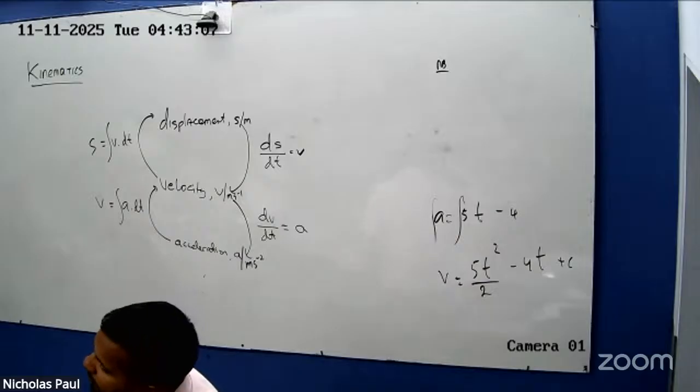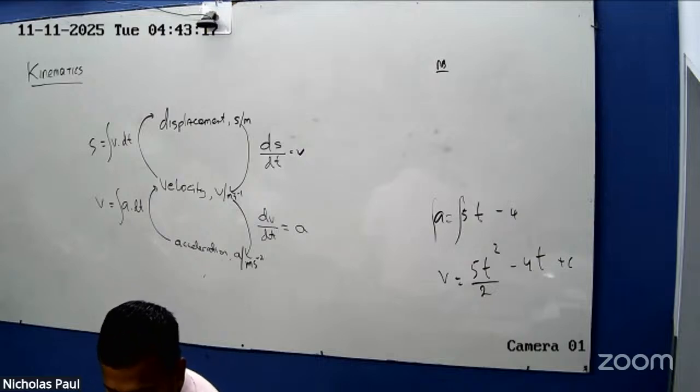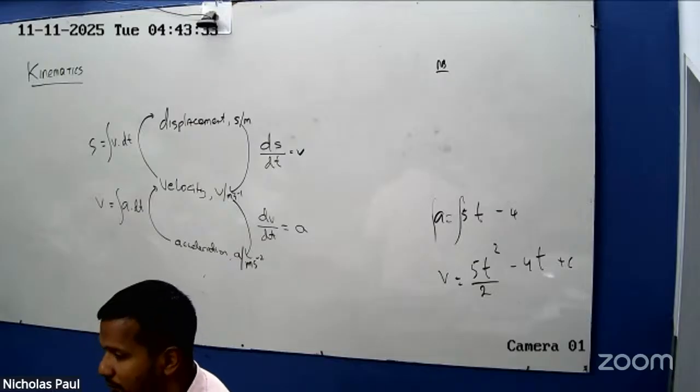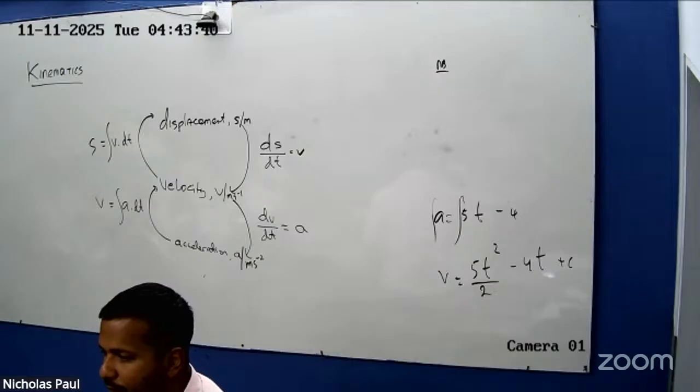Instantaneous rest implies that velocity is zero, the object is at rest. And last thing, initial. Initial means that time is zero. Initial implies when time was zero.